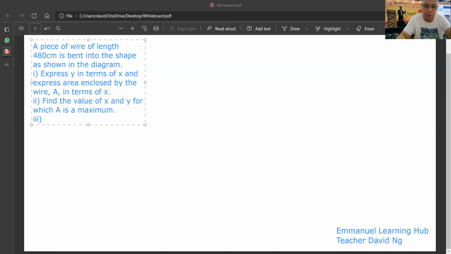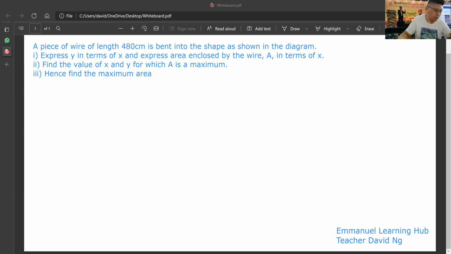Hence, find the maximum area. Okay. And the shape looks like this.